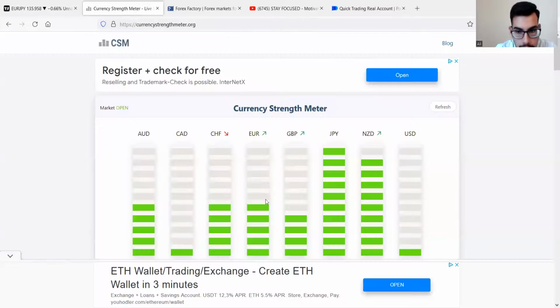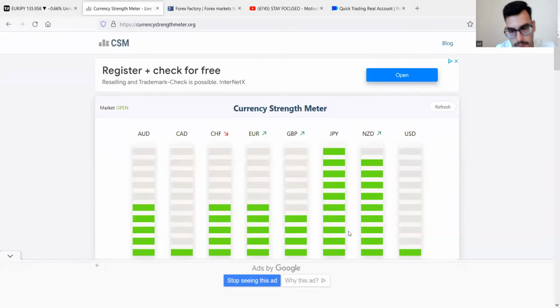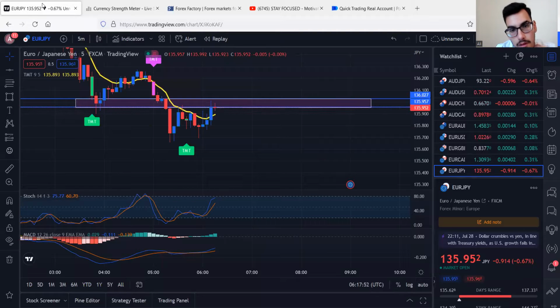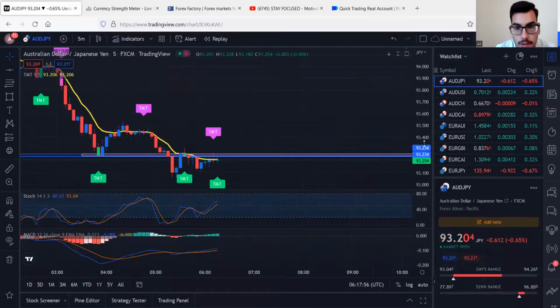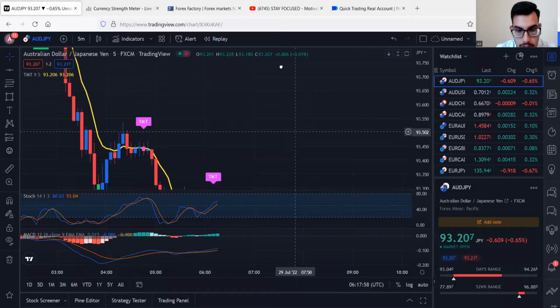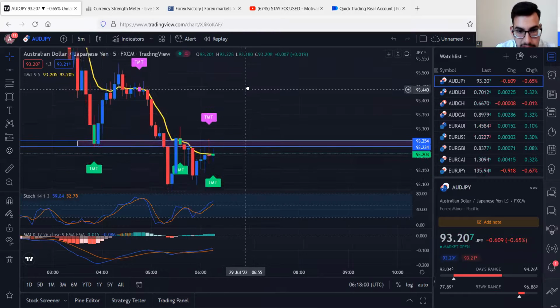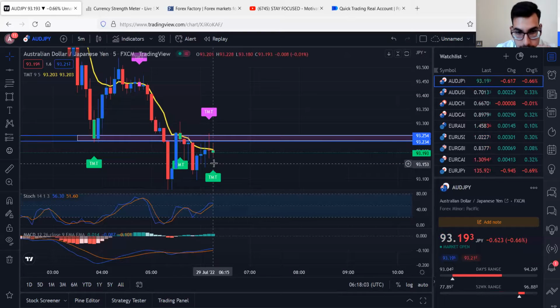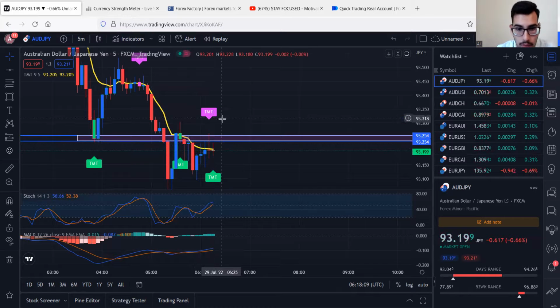Now, what other area we can look at? Just give me a second. Now look at this, ladies and gentlemen. If this present candle does actually close green and enters my area, then I would take it for bearish condition.